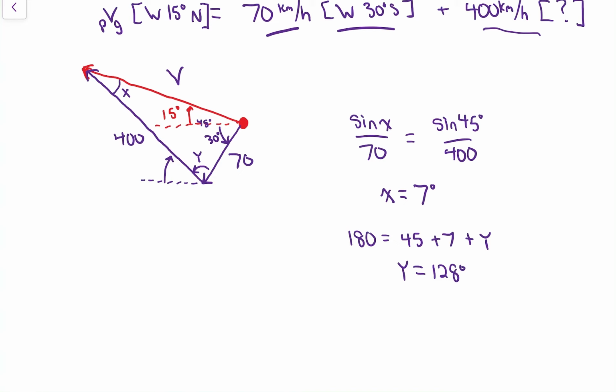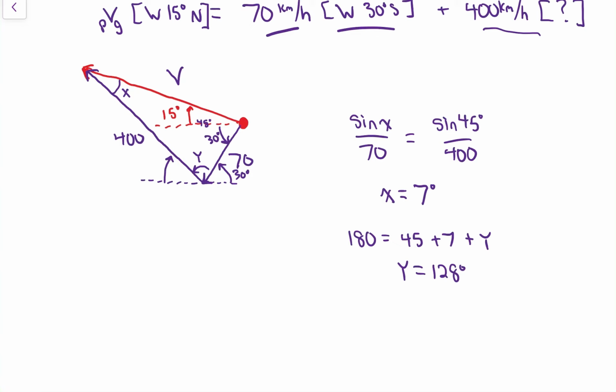So I've just figured out the direction of the plane. It's 128 degrees away from the wind's vector, but the wind's vector was 30 degrees away from straight west, so I've got a little bit of work yet to do. This angle down here, Z pattern, that's also 30 degrees.